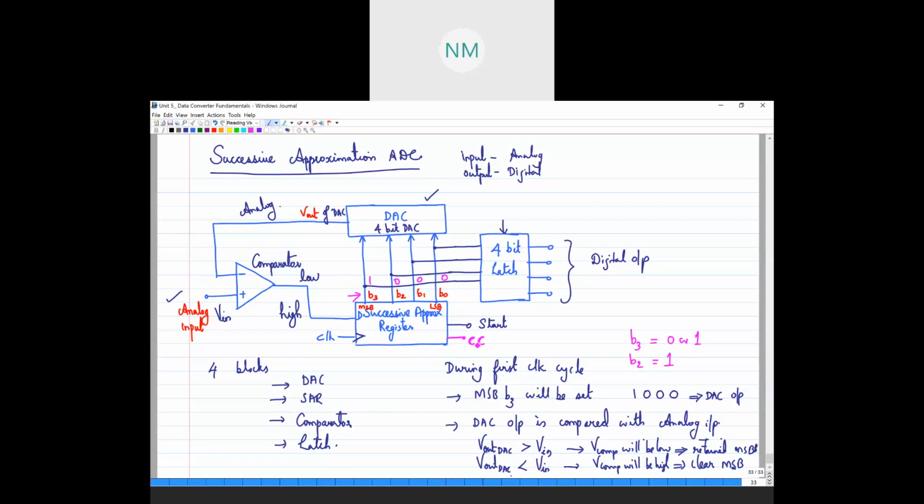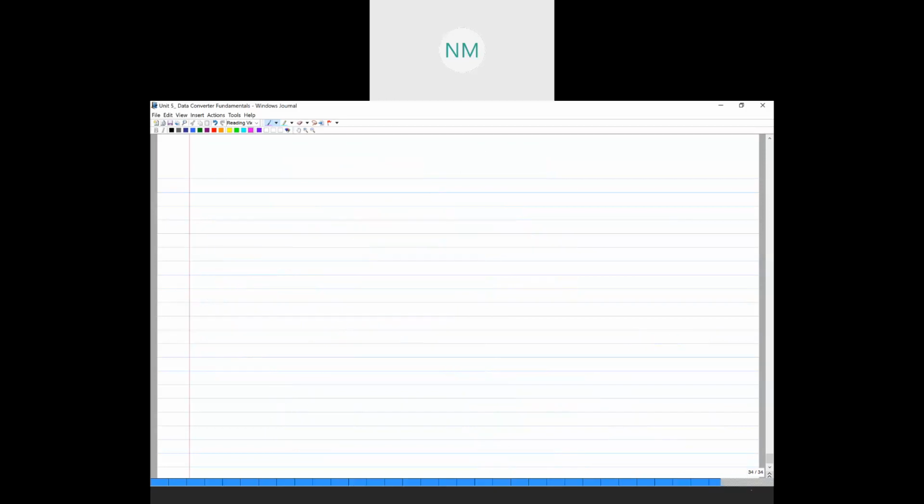So this CC will be enabled when all the comparisons are done. This CC will be connected to this 4-bit latch, and we will get the final digital output over here, right? So this is the overall idea of the successive approximation ADC. Just to have a better illustration, we'll take one example. So if I want to do a comparison, let me ask, any doubts so far?